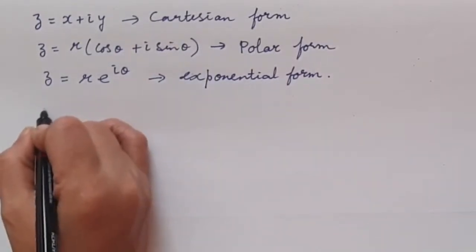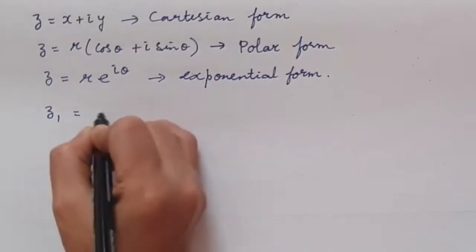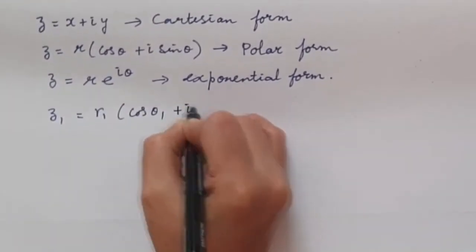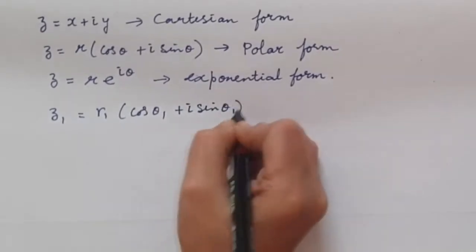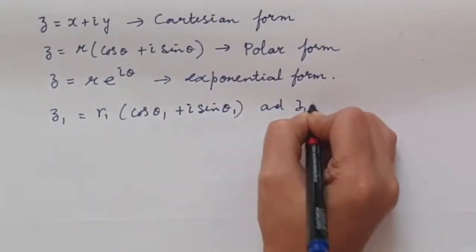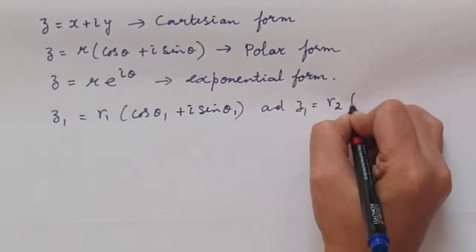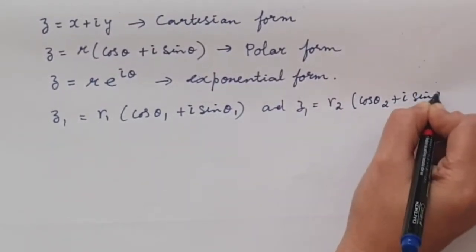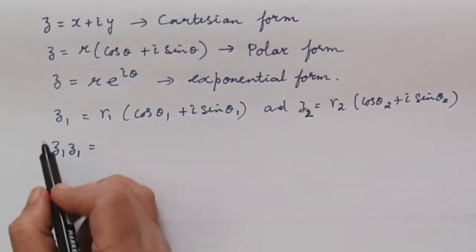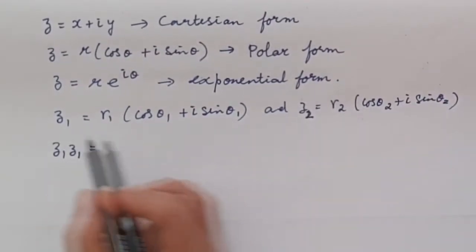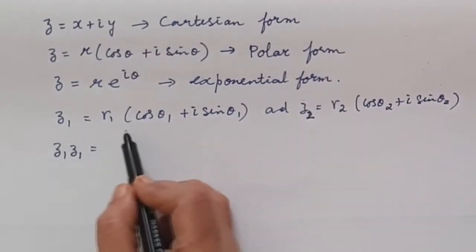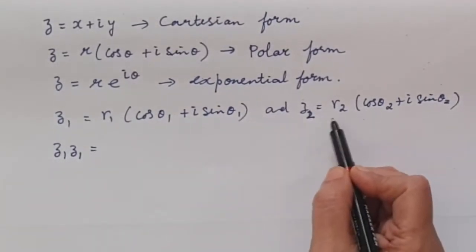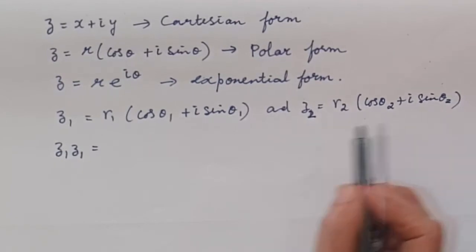Suppose you have two complex numbers, z1 equal to r1 cos theta 1 plus i sin theta 1 and z2 equal to r2 cos theta 2 plus i sin theta 2.